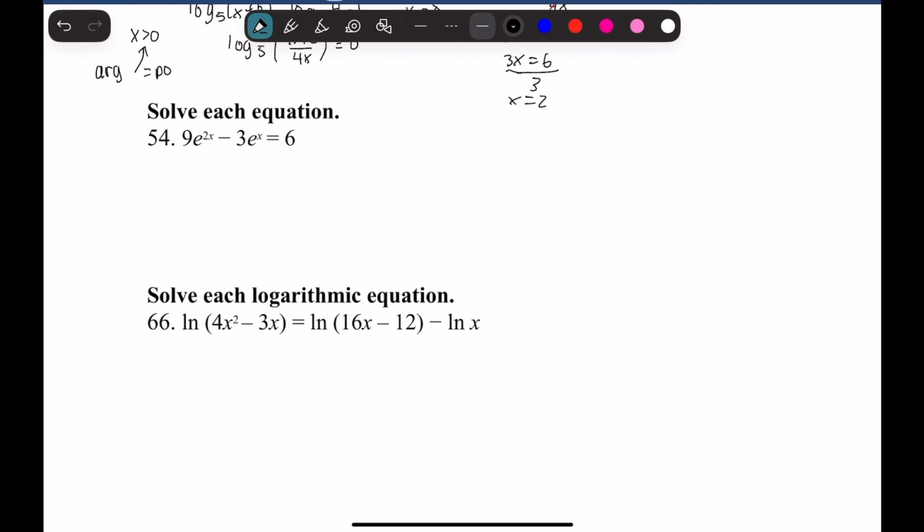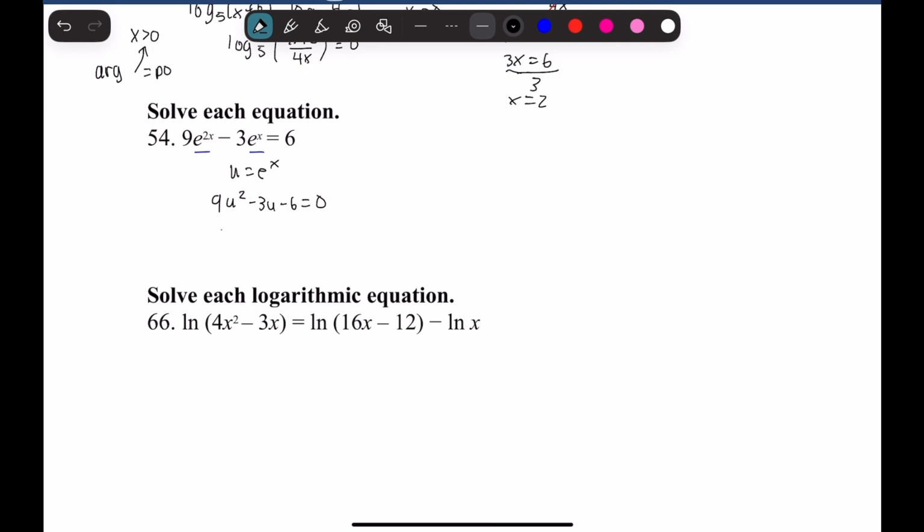So first thing we can do is some u substitution. We see this term here, it repeats a lot. So what we can do is try to get rid of that so we can focus on something else, because we can see that this is a quadratic form that we can rearrange. So we have u is equal to e to the power of x. It's going to be 9u squared minus 3u minus 6 is going to equal 0 after just subtracting 6 from both sides.